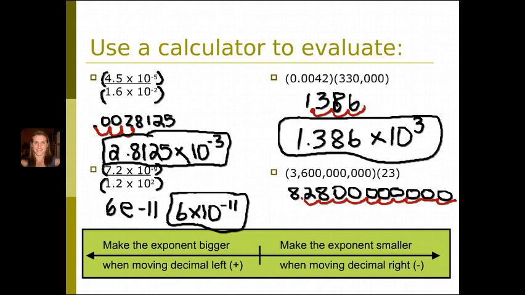Our final answer would be 8.28 times 10 to the 10th power. Positive exponent because we moved our decimal to the left.